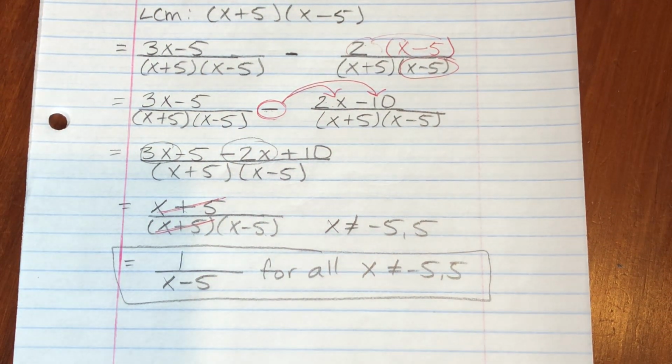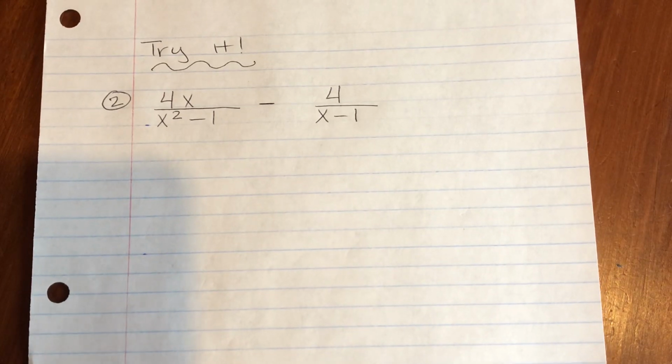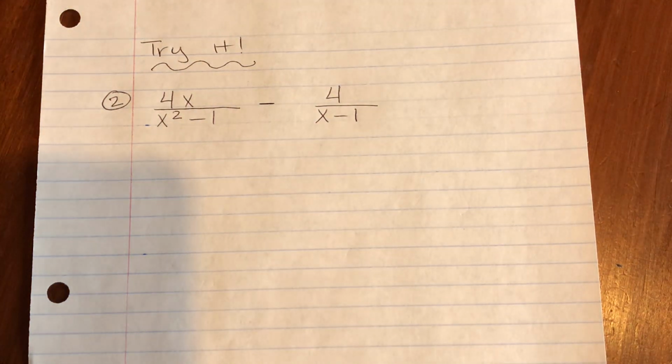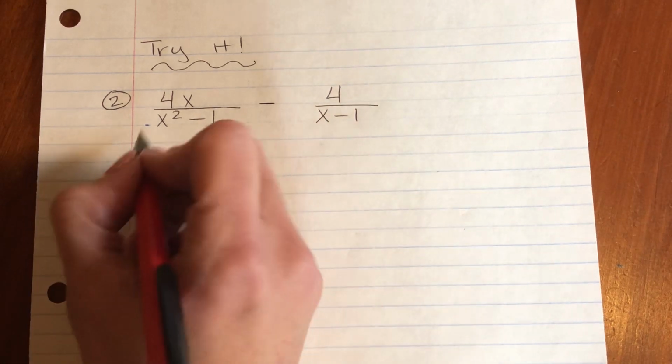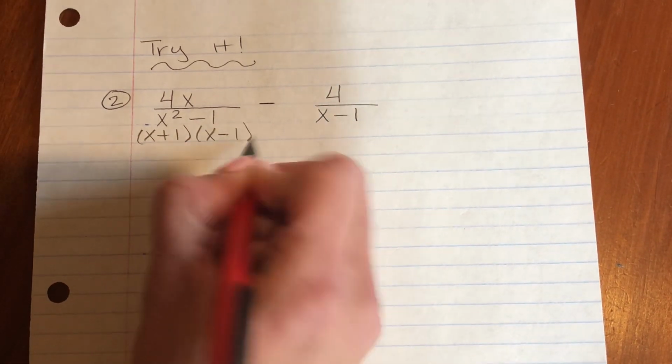Okay, we've got one more to try. Last try it. Try that one on your own. Okay, the first thing you need to do is factor the denominators. Got a difference of squares here. Factor that up.